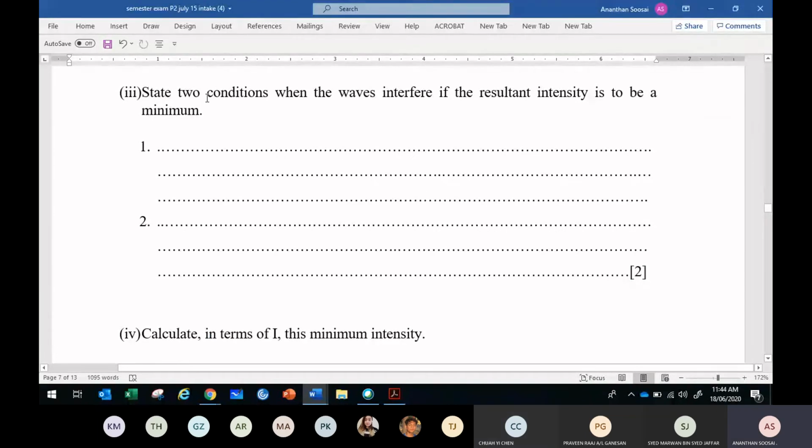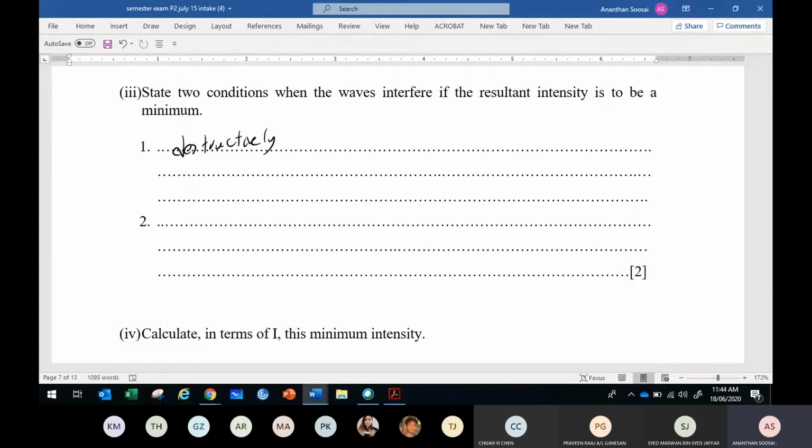State 2 conditions when the waves interfere if the resultant intensity is to be a minimum. I think one of the conditions is that it must interfere destructively. Okay, it should be destructive, then it gives the minimum.